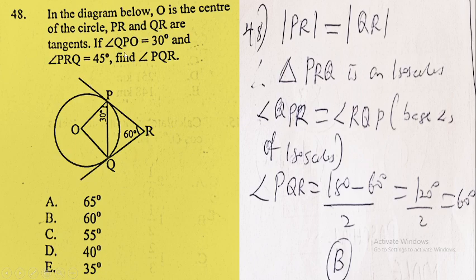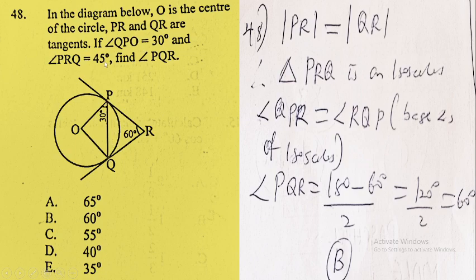If angle QPO is 30 degrees, which is written there, and angle PRQ is 45 degrees, then we have to find the angle PQR. We have to find the angle here.